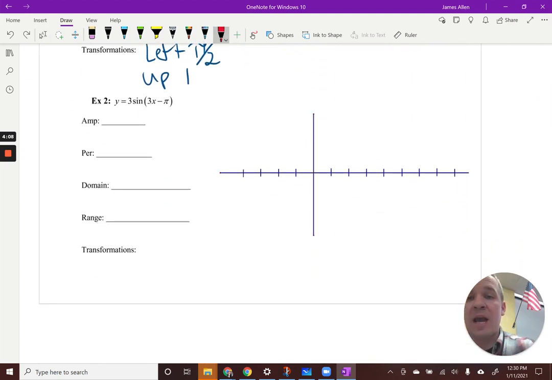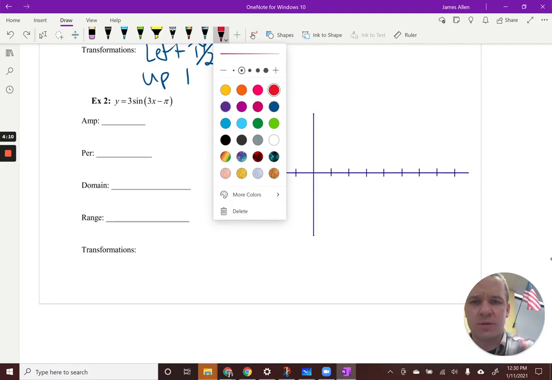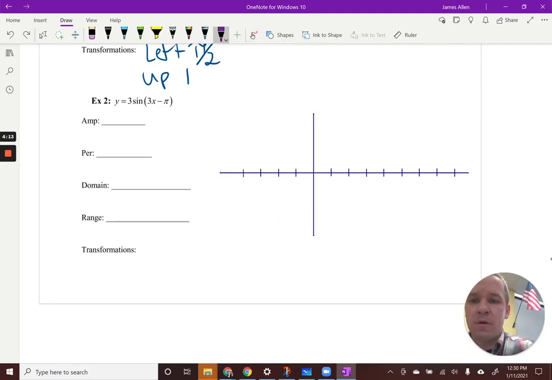So let's factor out, and I'll change colors so we don't get monotonous. We're going to have y equals 3 sine, and then I take the 3 out, leaving just x, and then minus pi over 3. That way, if I multiply it back in, it goes back to just minus pi.